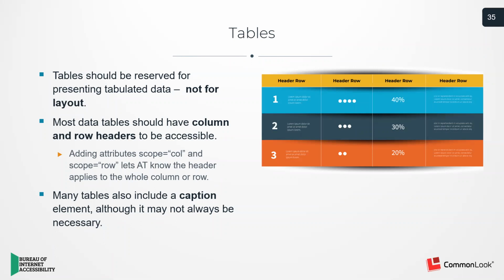And that will essentially tell assistive technology that this is not a table, do not announce it as a table. So again, tables should not be used for layout. They should be used with a scope equals col attribute in the table headings. And we'll go into that on the next slide a little bit. And we'll also show you how to add a caption which can describe the table or label the table as a whole on the next slide.